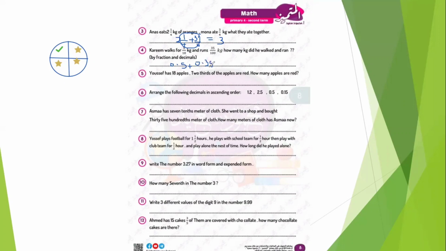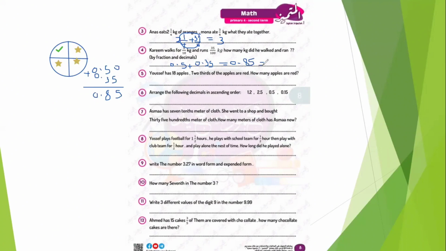Let's add 0.5 plus 0.35. We can put here 0. 0 plus 5 equals 5. 5 plus 3 equals 8. Put the decimal point. 0 plus 0 equals 0. So the answer is 0.85.